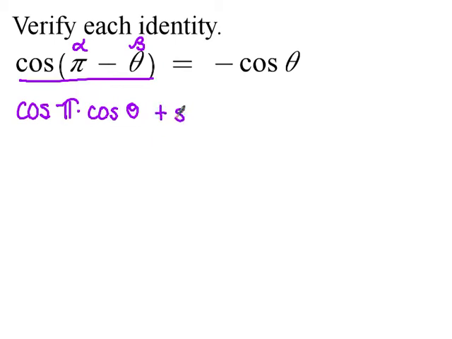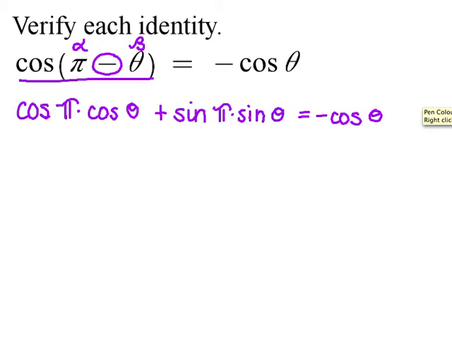Plus, very good. Sine of pi, sine of theta. The reason why we use plus is because this is cosine. And remember that whatever sign I do here, it changes on that. Okay, so all I did is I expanded out the cosine formula there.